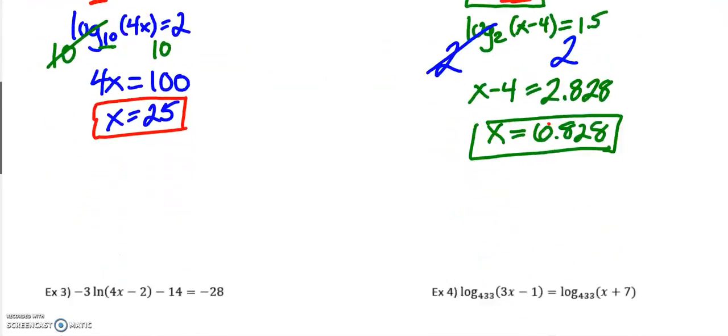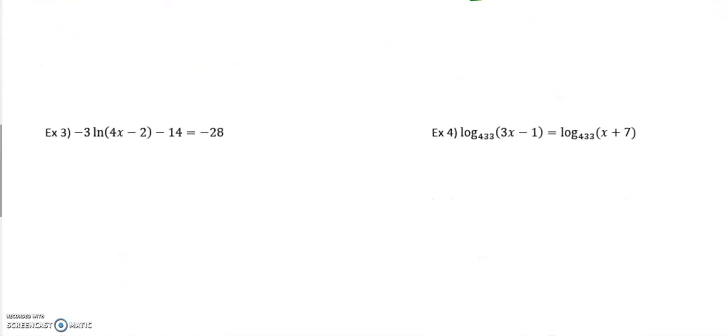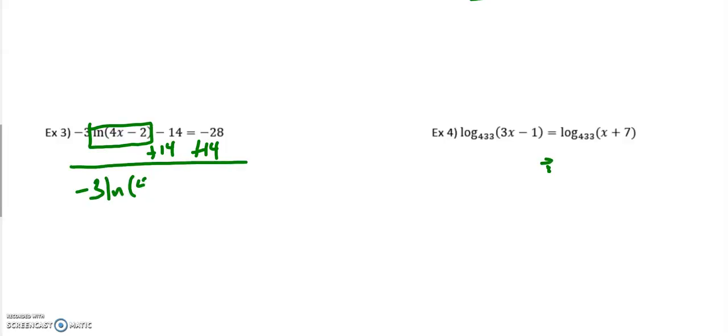Stepping down to the next example, example 3, I need to isolate my log term. So I add 14 to both sides. So I get negative 3 natural log of 4x minus 2 equals negative 14.